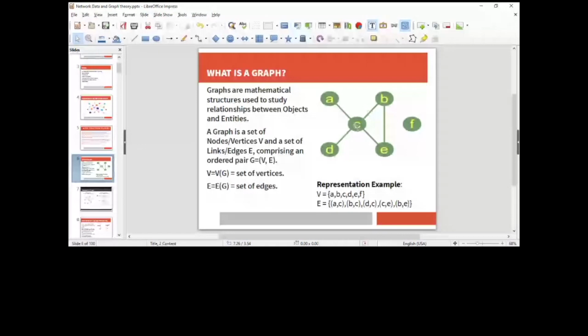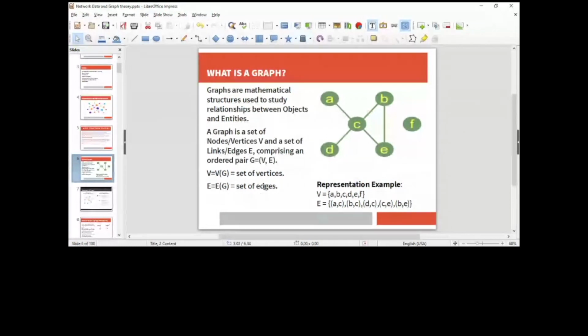Conceptually, a graph is G, made up of the vertices, which are also the nodes, and the edges, which are also the links between them. That's what makes up a graph. Then when we have graph G, we can get all the vertices of the graph, the list of all the nodes.